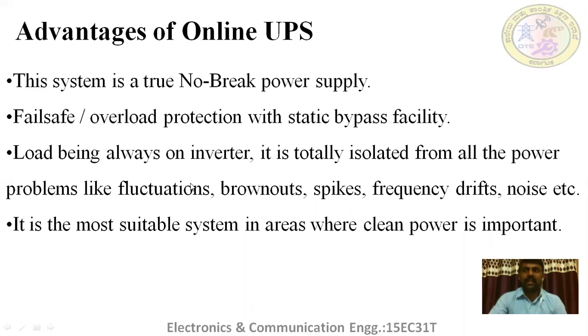Fluctuations are the variations in the supply voltage. Brownout is the problem caused by overload. Overload means when you are trying to use more loads and the power of those loads is greater than the power supplied by the UPS.